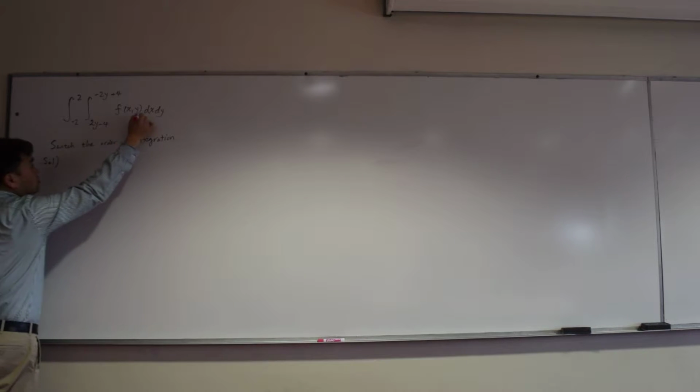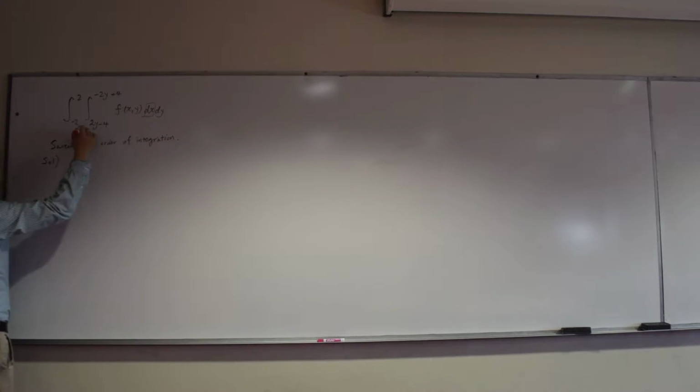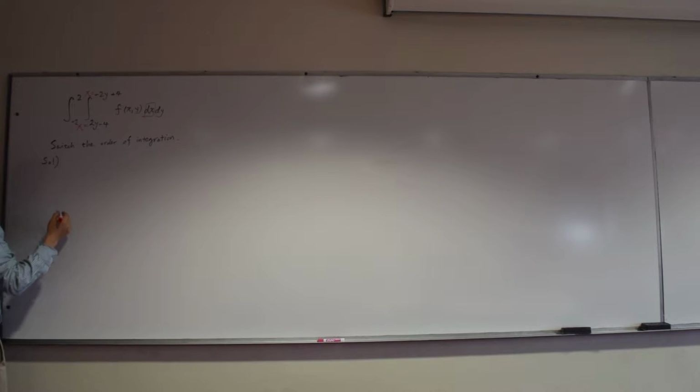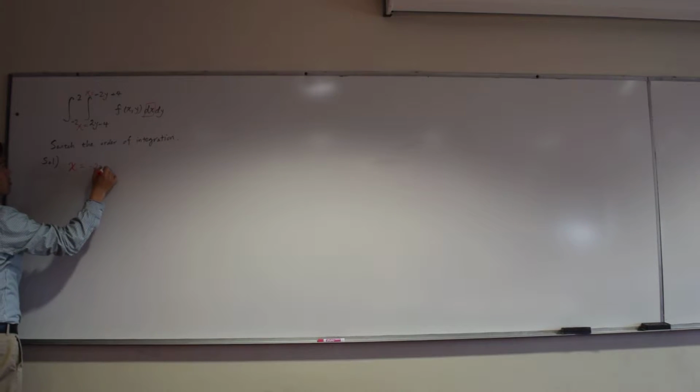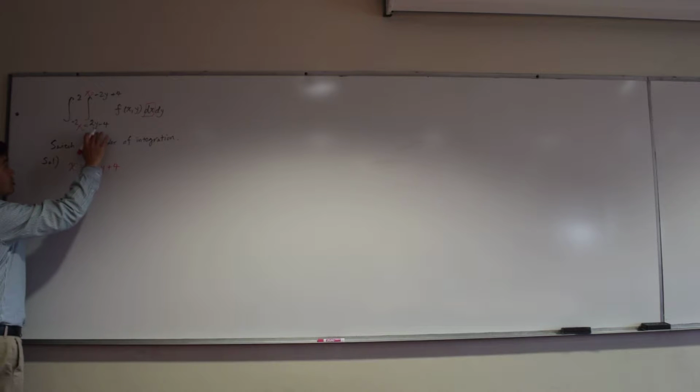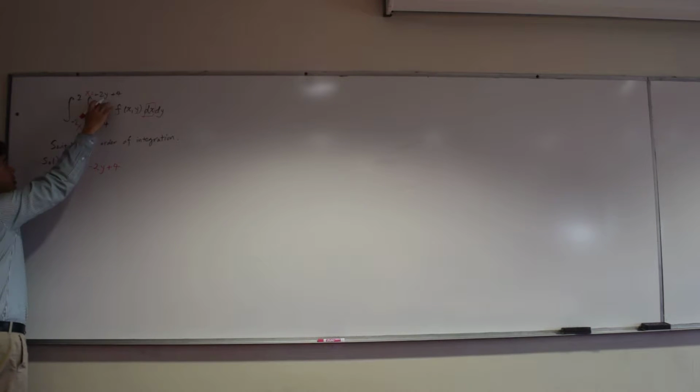So first you have this dx, therefore you should think of this as x equal to and x equal to. These should be thought of as graphs in the two-dimensional plane. Right?